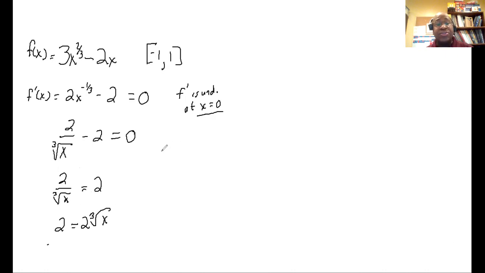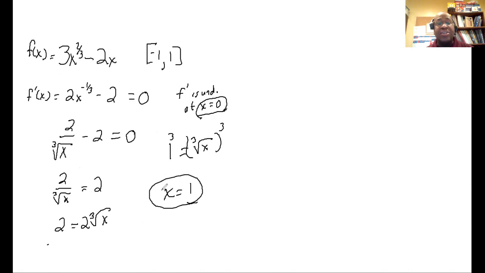Divide both sides by 2, and we have 1 equals the cube root of x. Cube both sides, and we'll end up with x equals 1. All right, so we have critical values at x equals 0 and x equals 1.